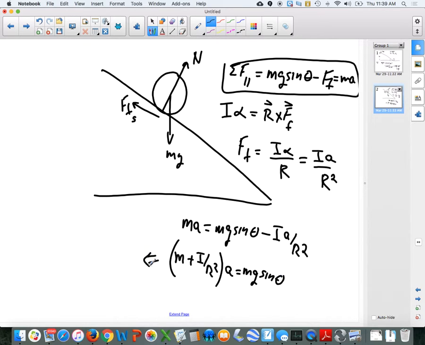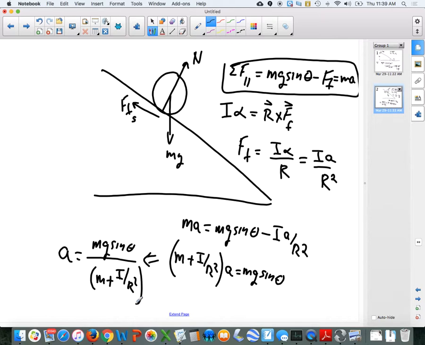So my acceleration is the force acting on the system over the mass and rotational inertia term.